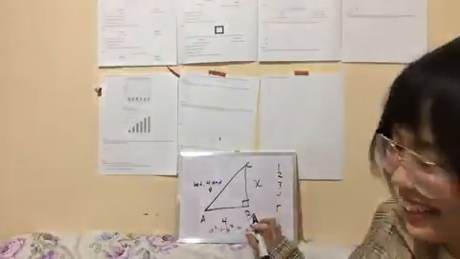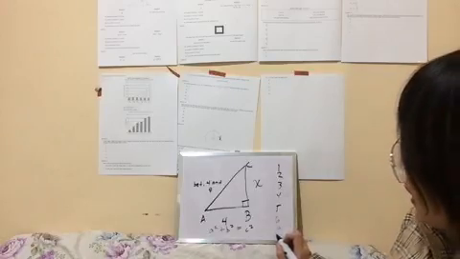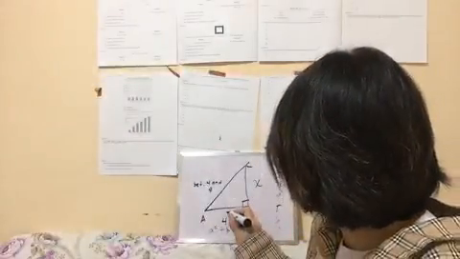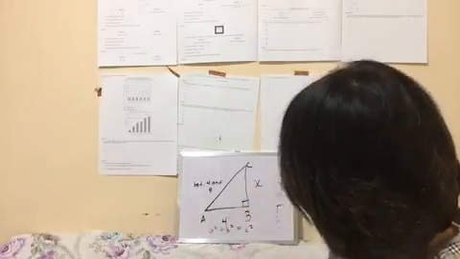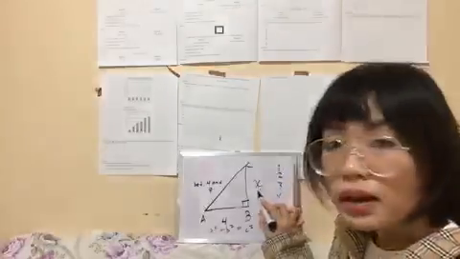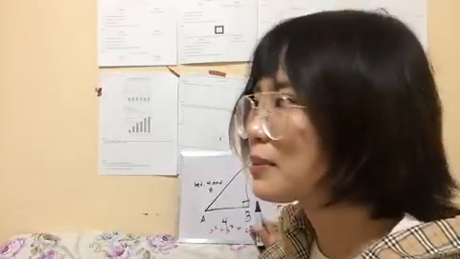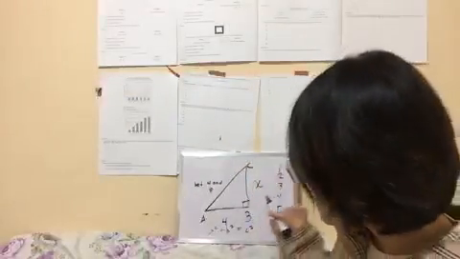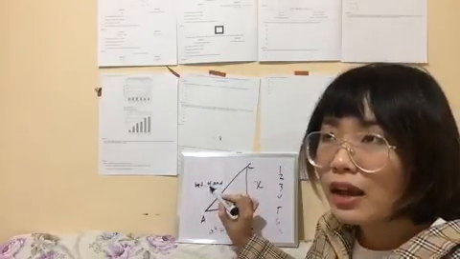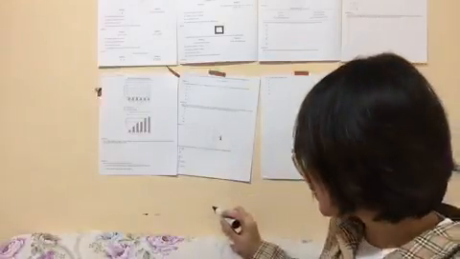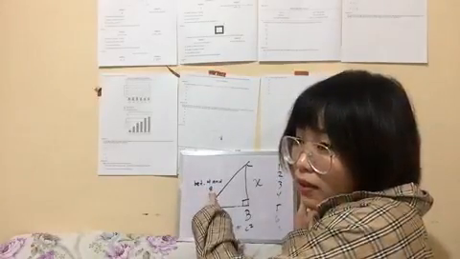Okay, so now we know that one of the sides is actually 4, and since this is x and we have choices, I'm just going to plug in the values into x and make sure that the answer is between 4 and 8.